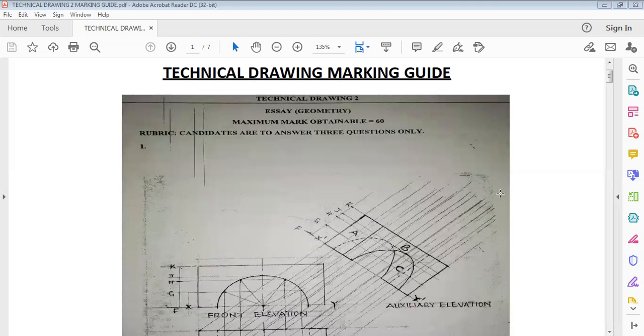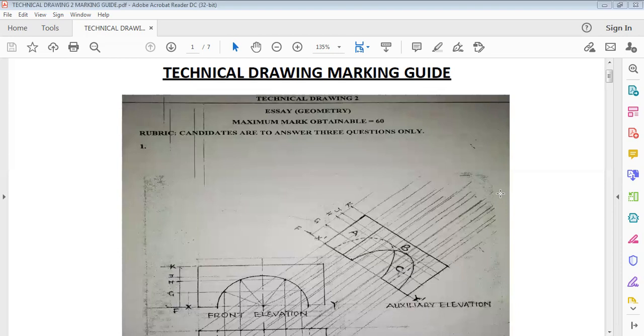And don't forget that you have to answer 40 questions in paper 1, which is objective. So after you have answered the first 30 questions on geometrical drawing, you choose either building drawing, where you have to answer 10 questions, or mechanical drawing, where you have to answer 10 questions.